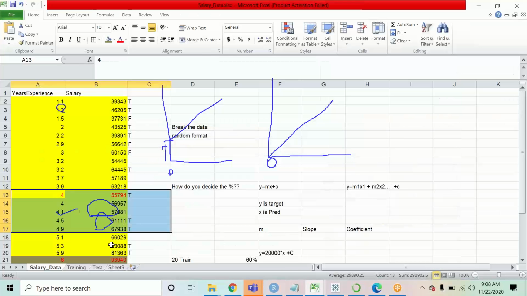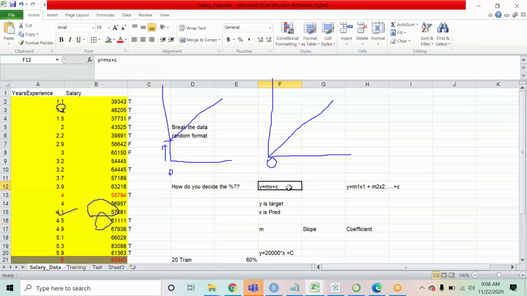My model is predicting 62,000, while the data shows 55,000, 56,000, 57,000, 61, 67. So within that range, it is giving me around 63,000 as a salary. So Sahil, 9418 is the m, the coefficient. The value of m in this equation is 9418. x is the experience that I am putting in over here.